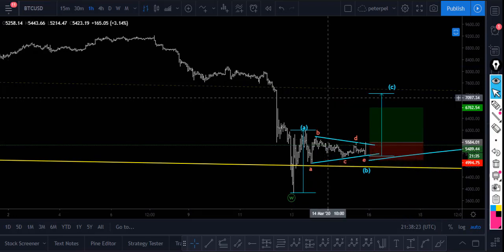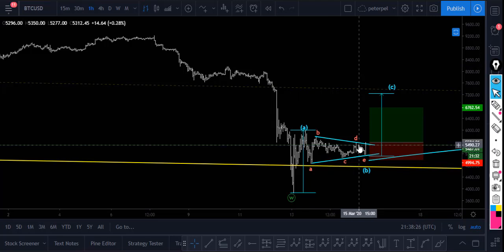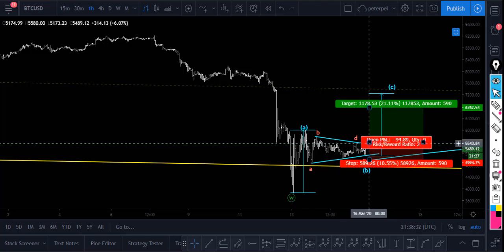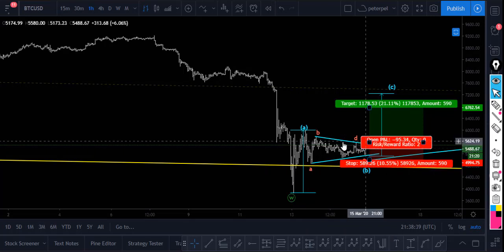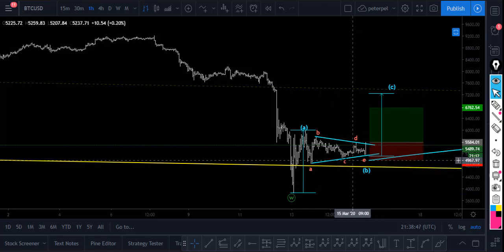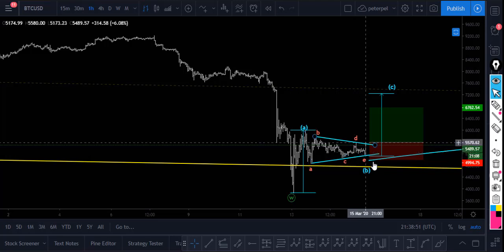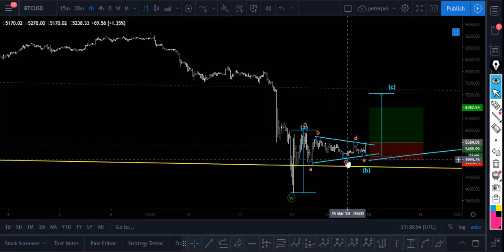So we can put our entry at where wave D ended, and that will also mean price breaking out from the triangle resistance line here. So we can put our entry here and our stop loss below wave C, because when price reverses back below wave C, it shows that it has invalidated this triangle.